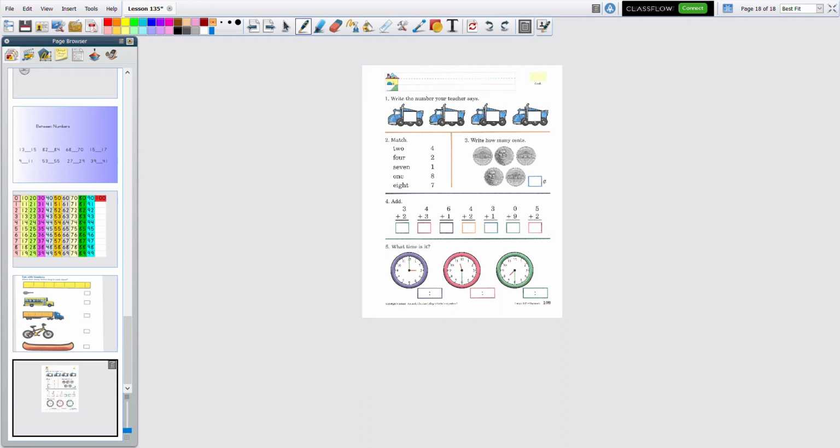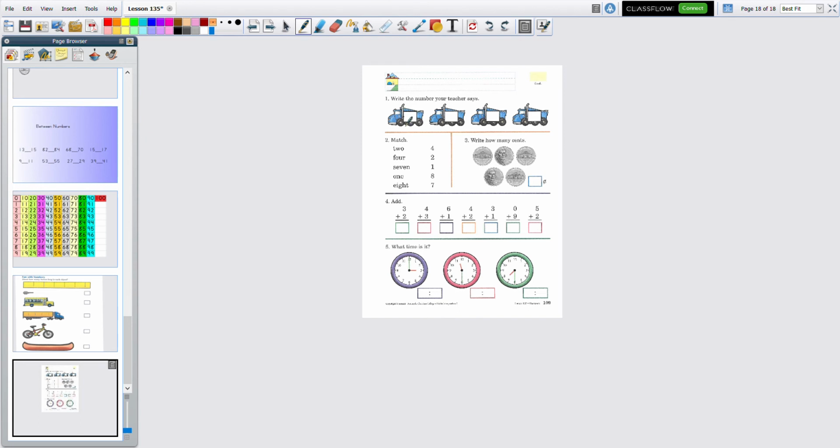Okay? So the other side is a test. And I need you to be looking at the very top. Now the very top says write the number your teacher says. Well, unless I tell you what to write, you can't write it, okay? And we don't need our cardboard shields today because you are not at school today. You're at home. So look at the very point to the first dump truck.